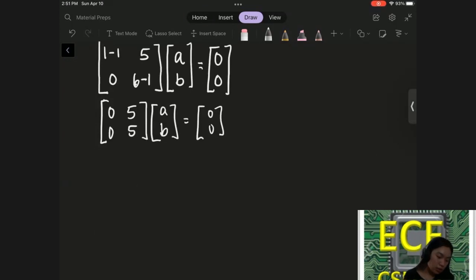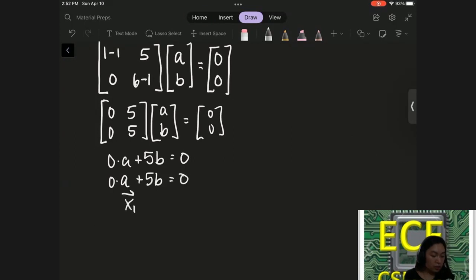If you multiply, this is 0 times A plus 5 times B equals 0. And similarly, 0 times A plus 5B equals 0. And so our first eigenvector is 1 and 0.